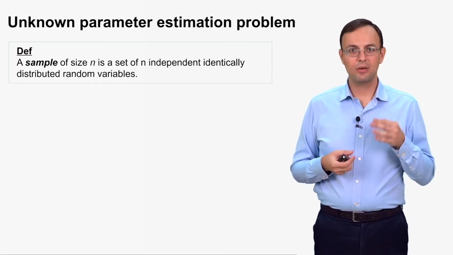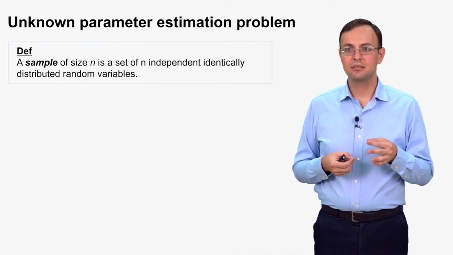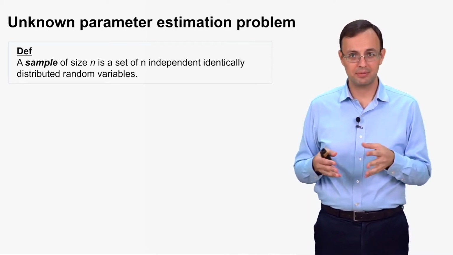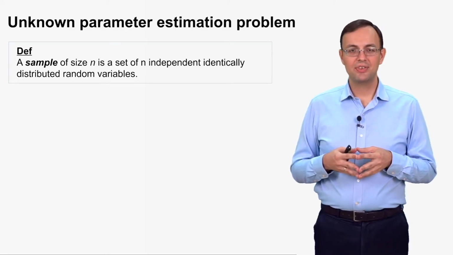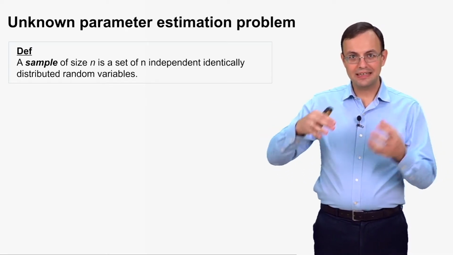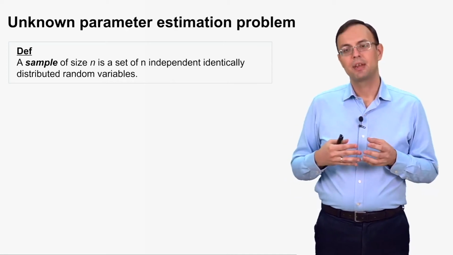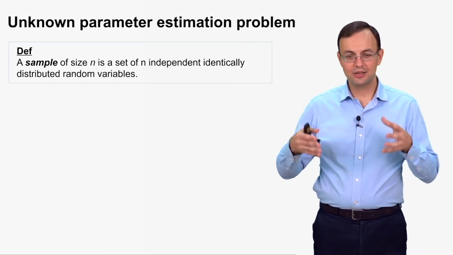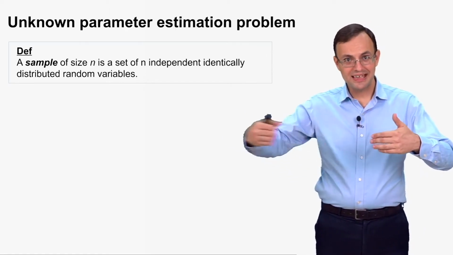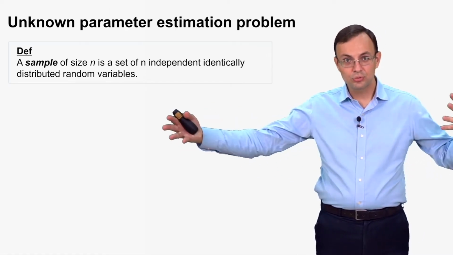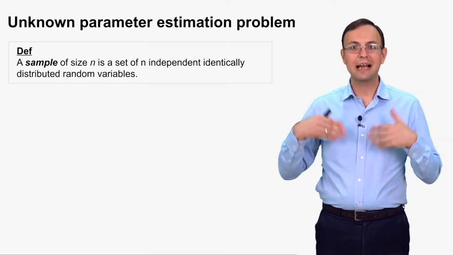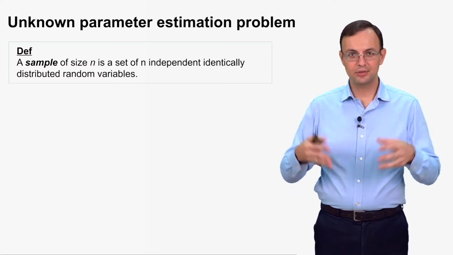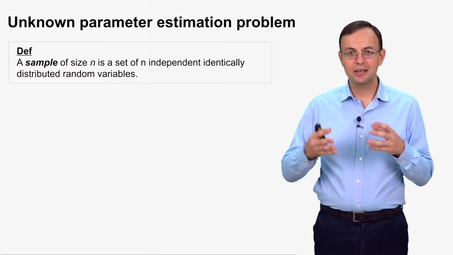So a sample of size n is a set of n independent, identically distributed random variables. We say that observations are independent from each other, and that they are done according to the same scheme, according to the same rule. So observations are identical. That is why the random variables we observe each time an observation is done are identically distributed.